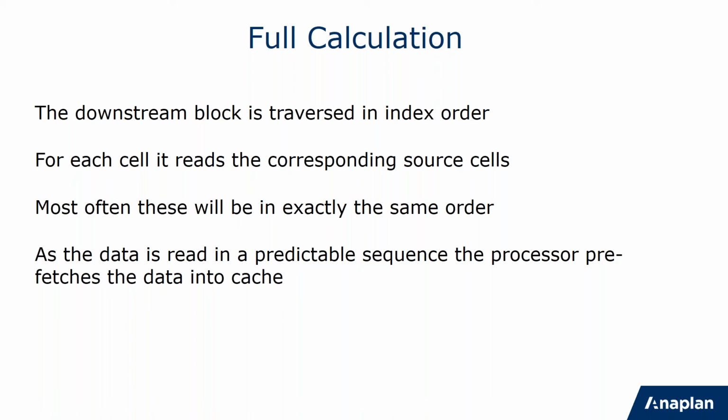And so as we're traversing these blocks in index order, we get probably more than 10 times speed up on our memory access, and that basically translates into considerably faster calculations, which is how we can get away with pre-calculating the entire model as you load it.